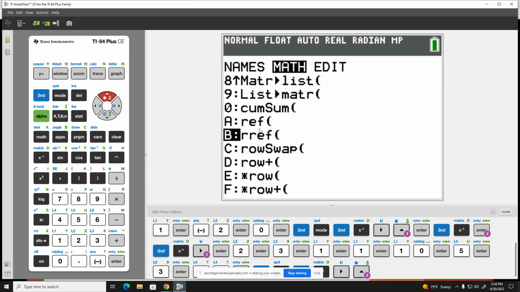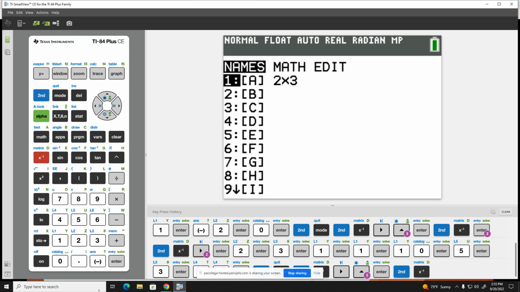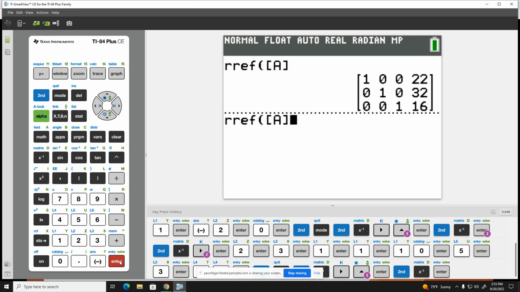So the full reduction here with the double R's to get that fully reduced. And then I have to tell it which matrix to work on. So second matrix button and enter so that it works on matrix A. Enter one more time and it gives me this answer matrix.